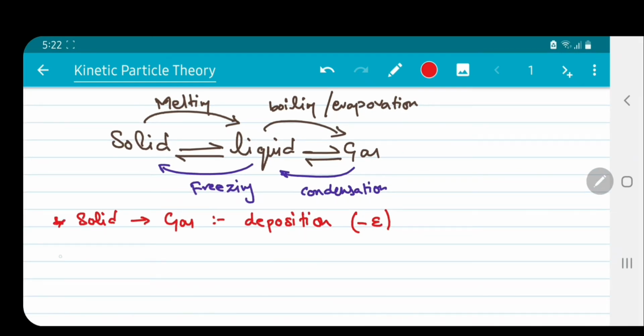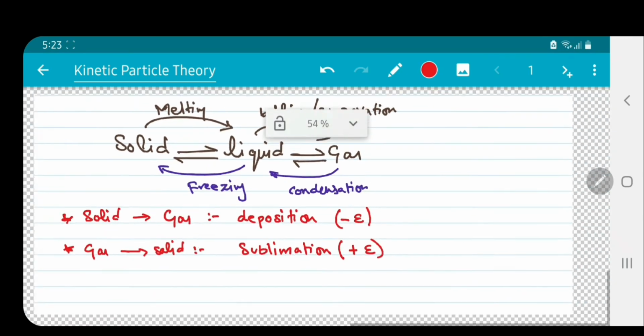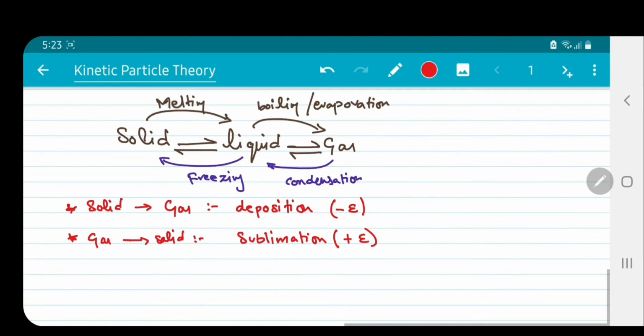Okay, and for converting gas directly into solid, this would have a name called sublimation, and it would have a positive sign with it. So these are the names of the certain processes involved in the conversion of states of matter, and you have to remember those names especially.